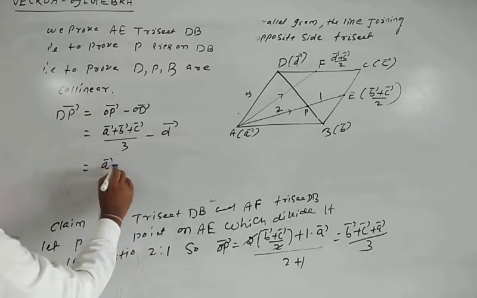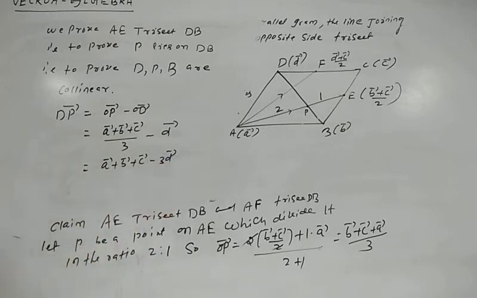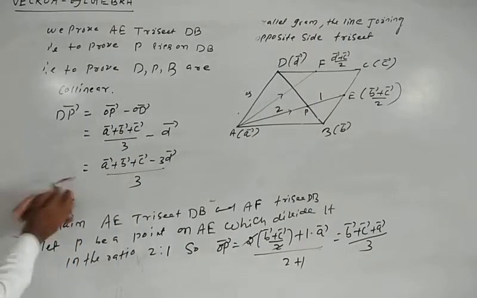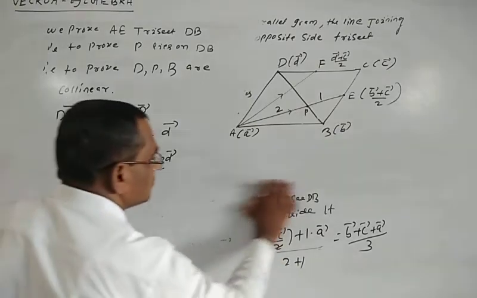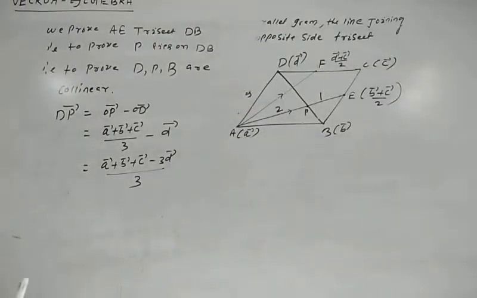So this is equal to A vector plus B vector plus C vector minus 3D vector, by 3. Then what is DP vector parallel to? We will see the PB vector.